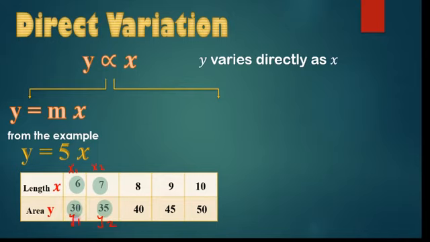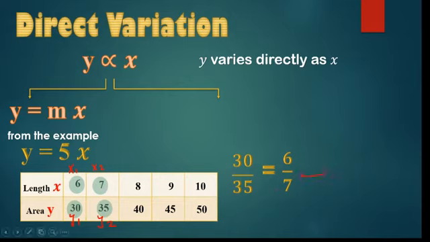So I will start with y1 over y2, which equals 30 over 35. Simplifying, 30 over 35 divided by 5 gives me 6 over 7. 30 over 35 is y1 over y2, and 6 over 7 is x1 over x2.